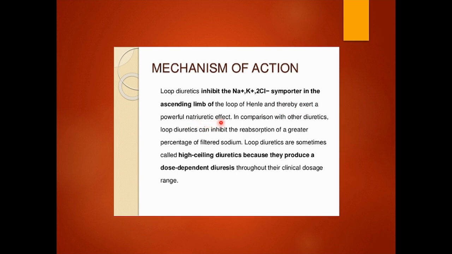That is, loop diuretics cause increased excretion of sodium ions. These diuretics are sometimes called high ceiling diuretics because they produce a dose dependent diuresis throughout their clinical dosage range.